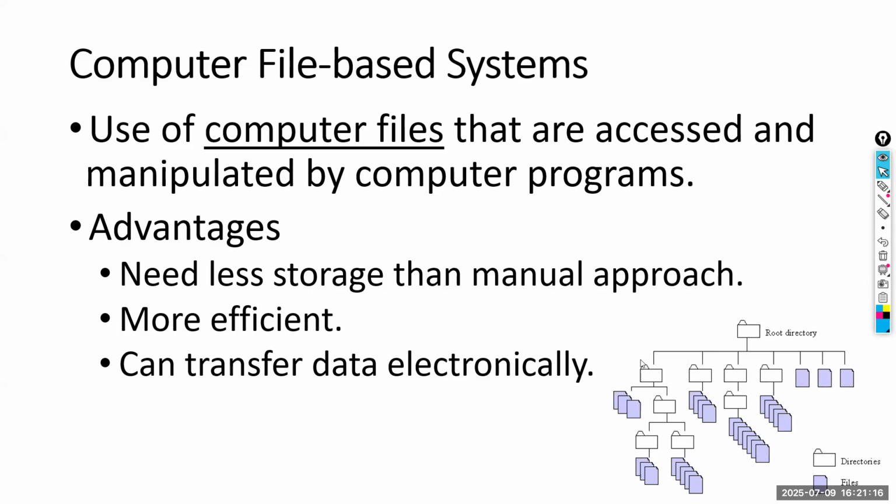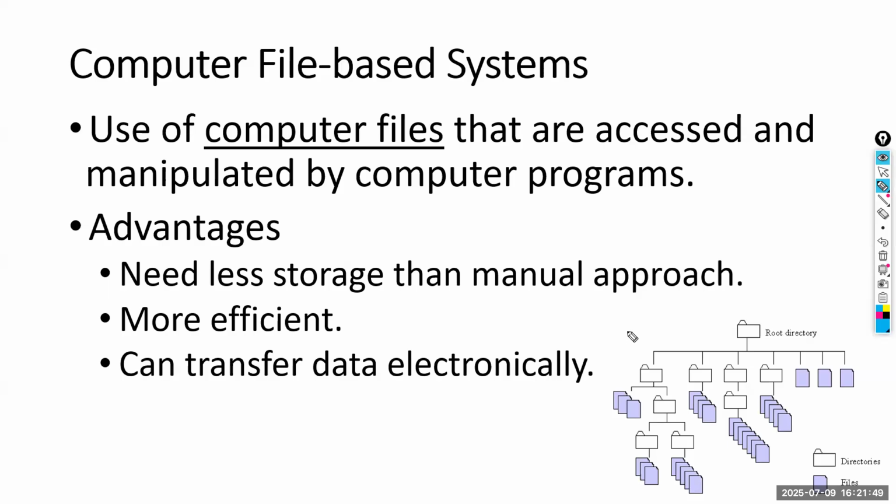Different applications, payroll systems, order processing systems refer to these computer files, which is an improvement compared to manual systems. No physical storage. We have a soft copy, easily copied and duplicated. We can transfer it to another place within a split second using the internet or email. We can easily back up. So it's a much better approach.